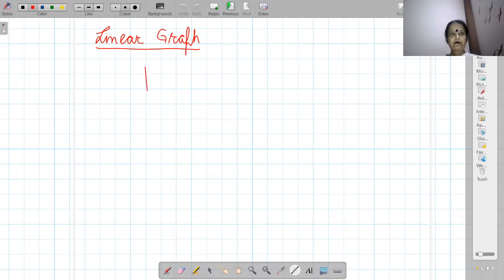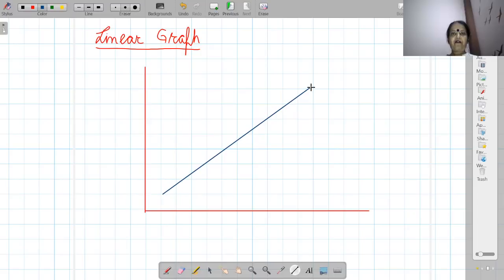Suppose this is one line and the second line is like this, and if we plot some values over here, or take some points, and after plotting the points we get a line like this, a straight line. So this type of graph is linear graph.